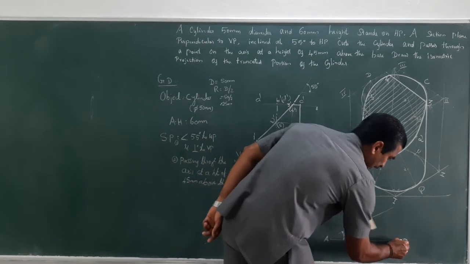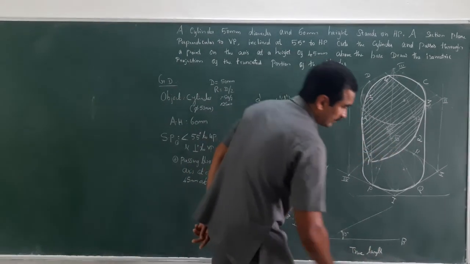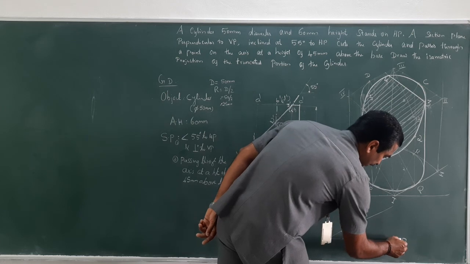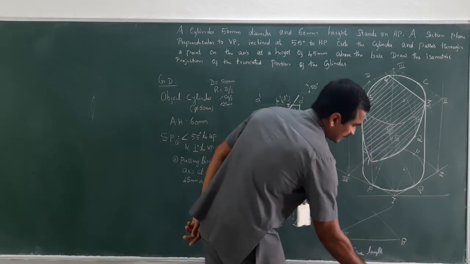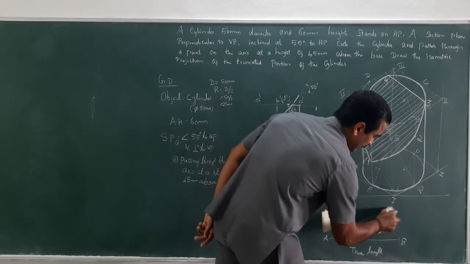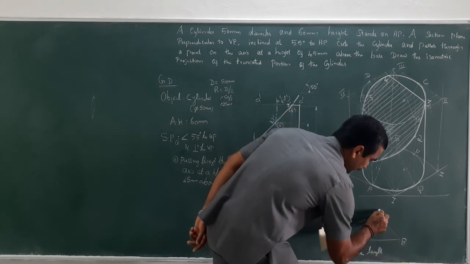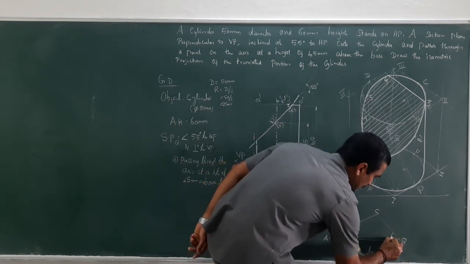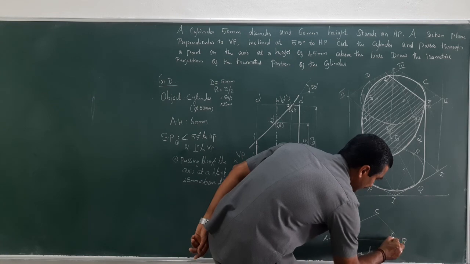Now, keeping at B, draw a line at an angle of 45 degrees, and this is the intersection, which is nothing but point C.